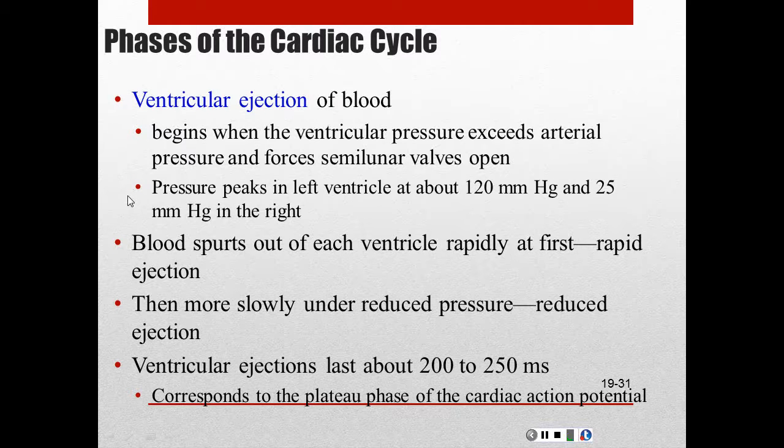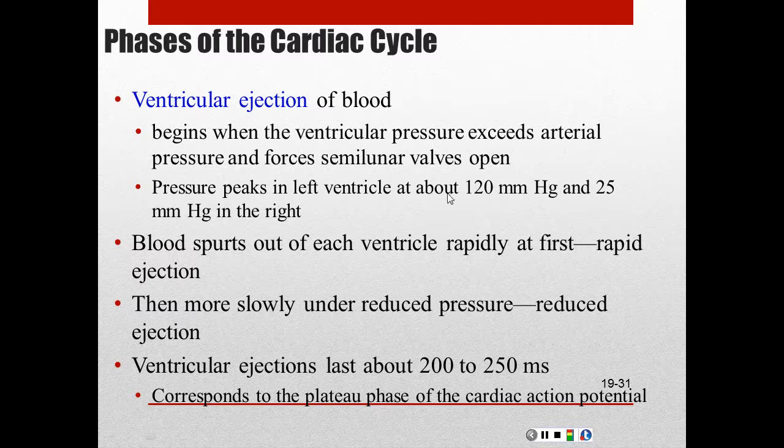Now the pressure peaks at about 120 millimeters of mercury in the left ventricle, and 25 millimeters of mercury in the right ventricle. Now, why is that? Of course, it has to do with where this blood is going.